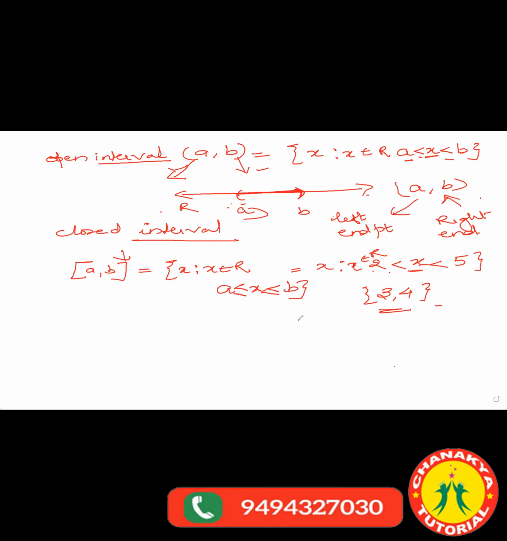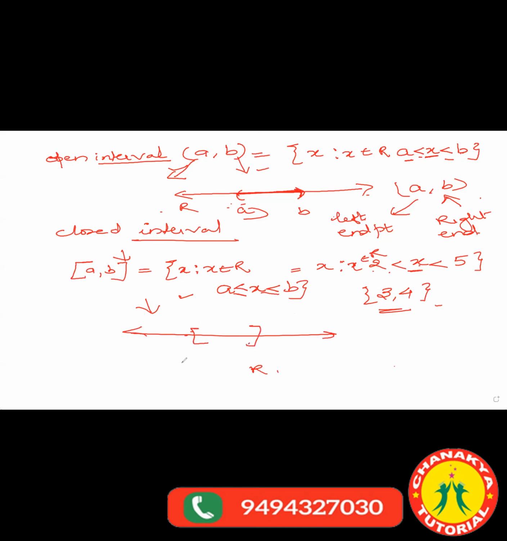So in this closed interval, the set of all real numbers lying between A and B, including the numbers A and B also. So this is your closed interval.